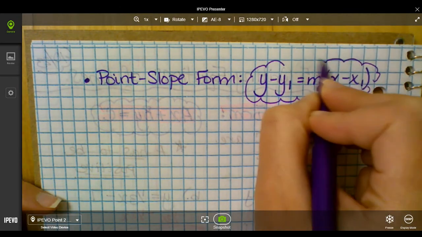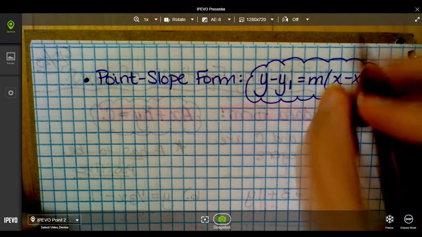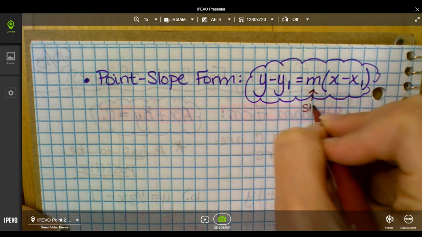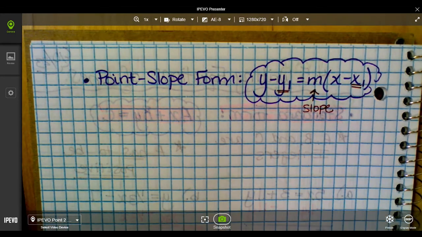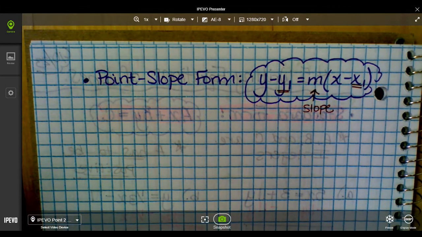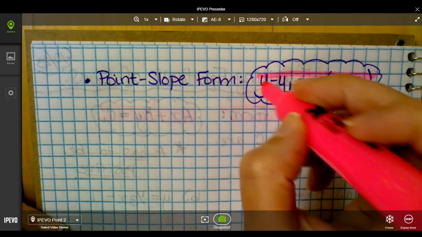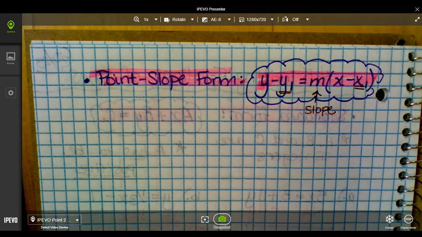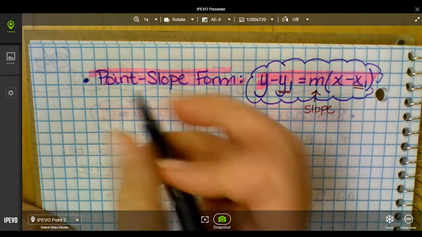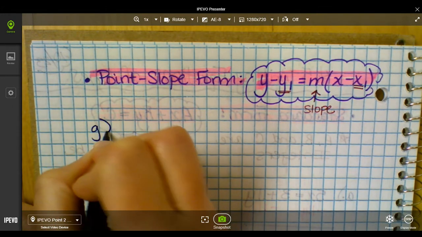Go figure. So again, your slope is always your m. This is your slope. And then your point comes in with the x1 and the y1. Okay, and let's just highlight these just in case you want to study them later. Okay, so we're just going to do one of these problems just to refresh your memory, and then we're going to go on to the good stuff.